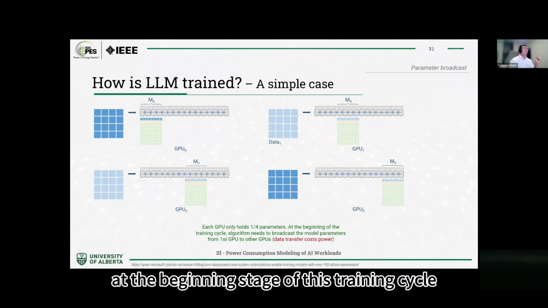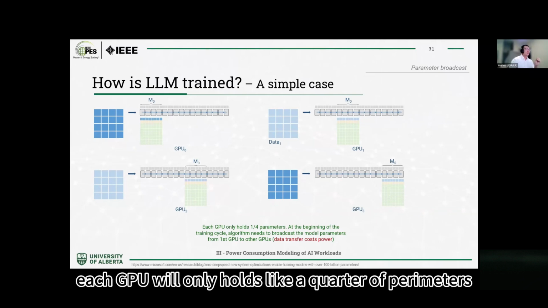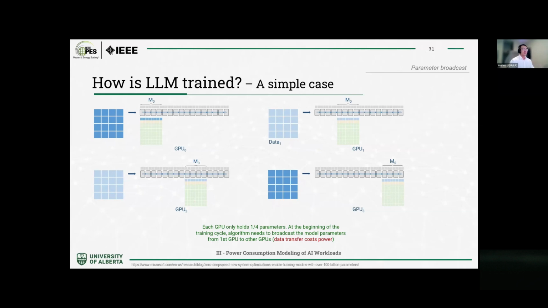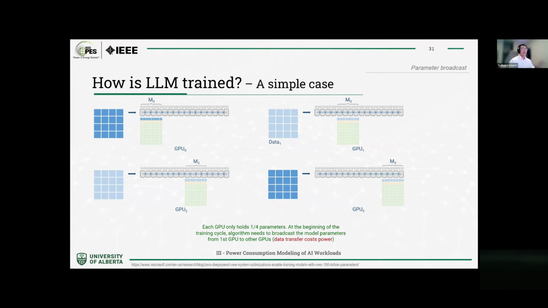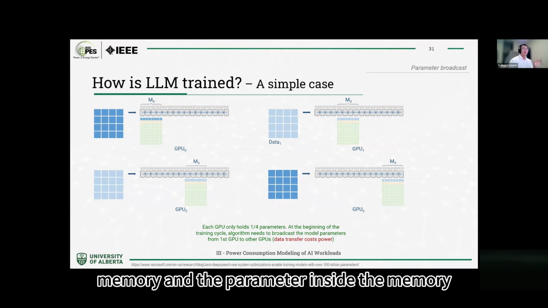At the beginning stage of this training cycle, each GPU will only hold a quarter of the parameters. This makes sure the GPU contains only the necessary parameters inside its memory.